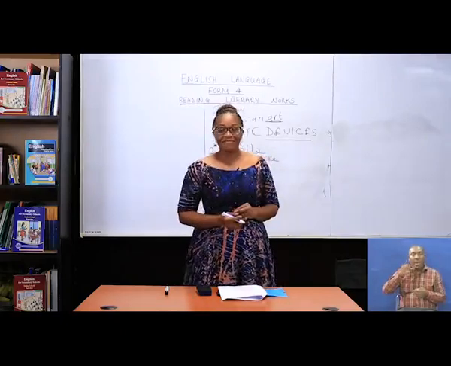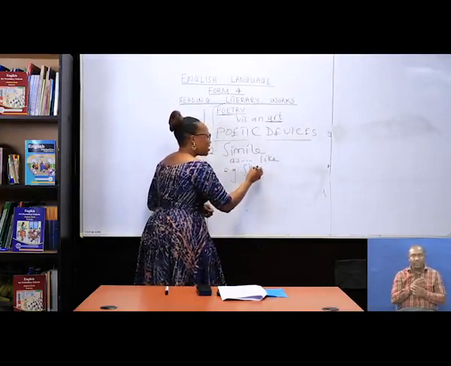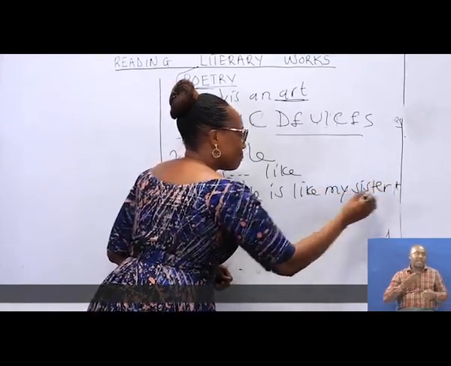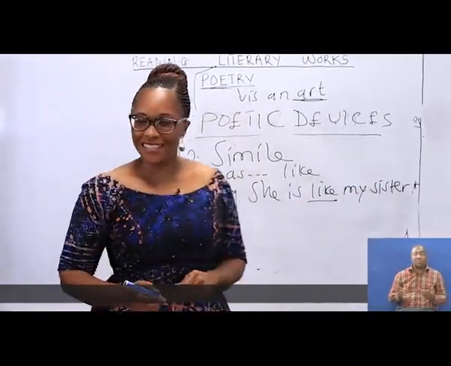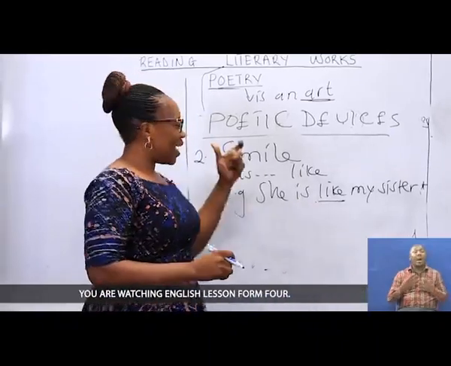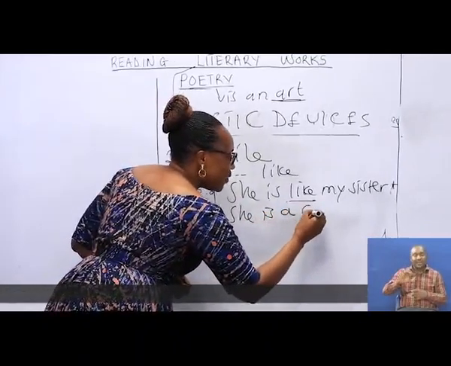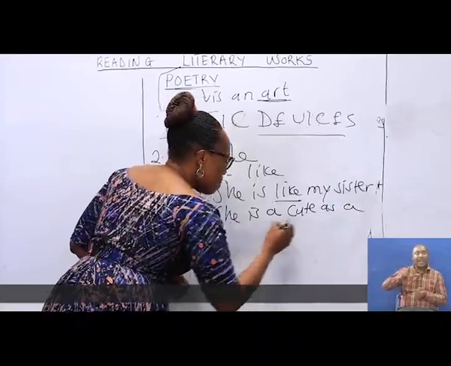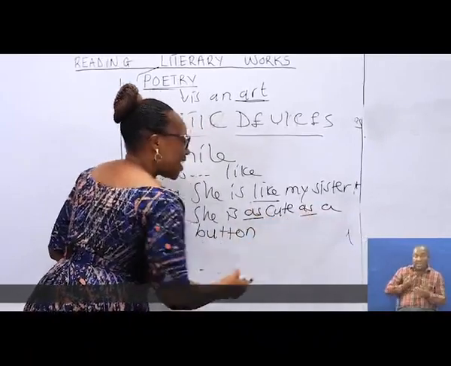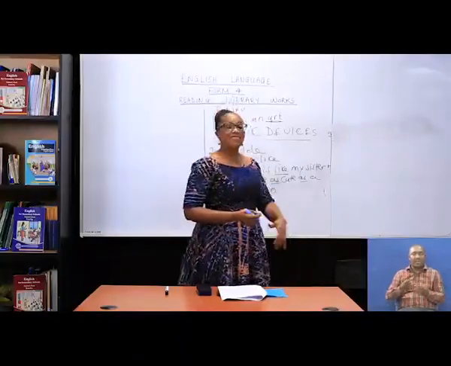If, for instance, you say, "She is like my sister," there, "like" marks a simile. Also, if you say, "She is as cute as a button," you see the word "as," then you know that is a simile.